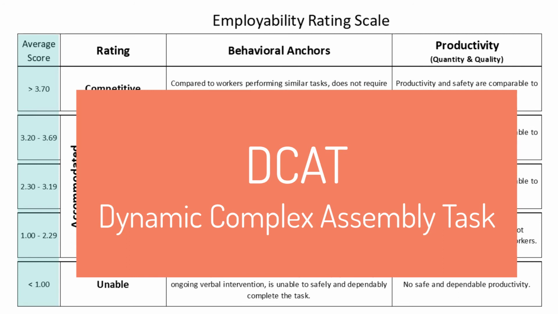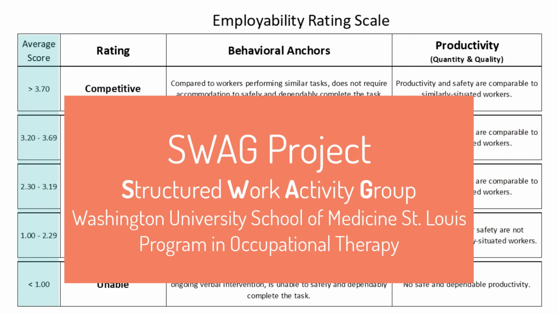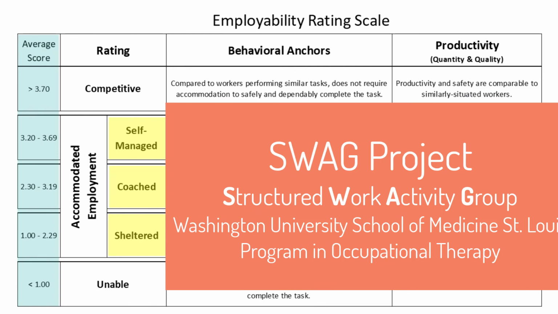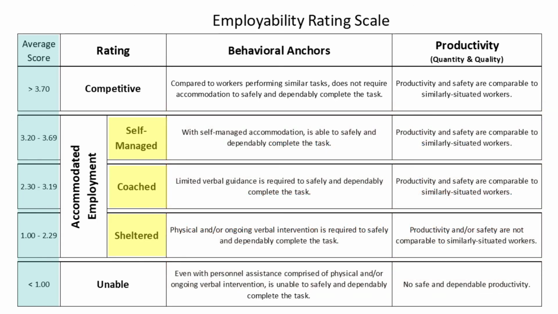This grew out of some work that we did in my lab at the program in occupational therapy at the Washington University School of Medicine in St. Louis. The idea with the DCAT is that it helps occupational therapists and others differentiate among the 3 levels that are required for the person to be successful in terms of reasonable accommodation.